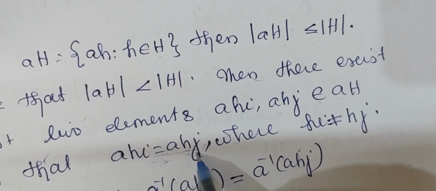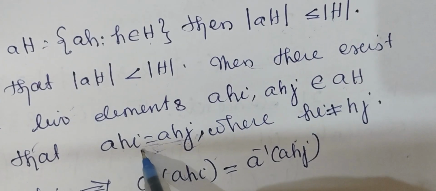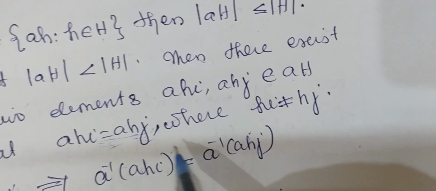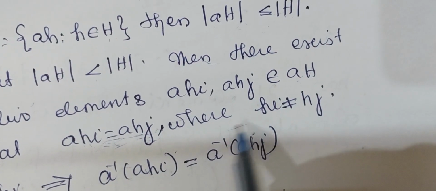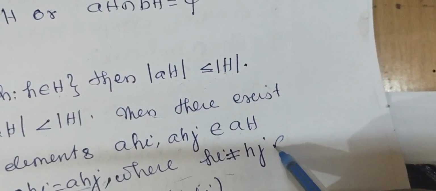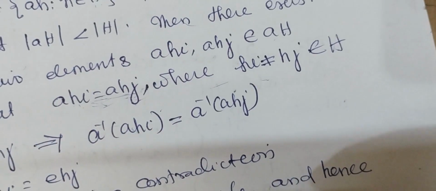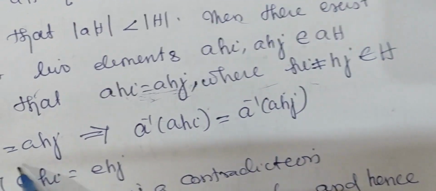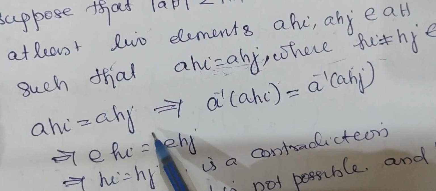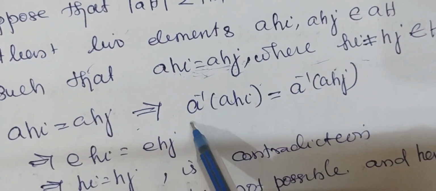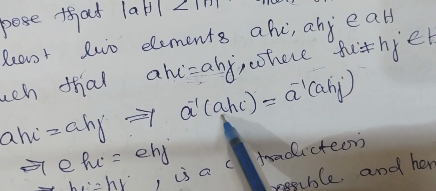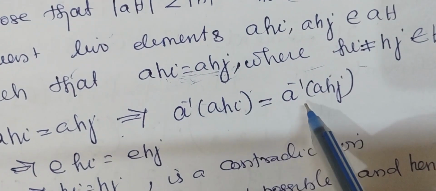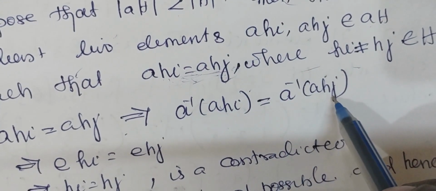If two elements are identical, what is the answer? ah_i is equal to ah_j, where h_i and h_j always belong to capital H only. And ah_i equals ah_j implies we can operate with a inverse, left operation, that is a inverse into ah_i is equal to a inverse into ah_j.